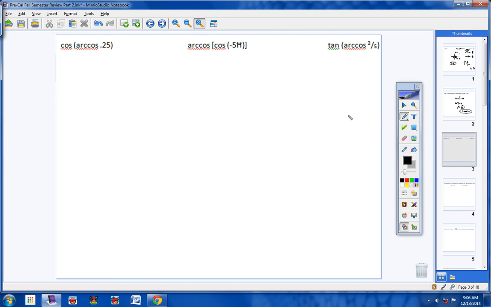Okay, let's go ahead and take a look at this one here. Now here we're going to start on the inside and find the cosine of negative 5 pi. Now, negative 5 pi would be this, students. We're going to rotate around once, that's 2 pi, 4 pi, and then here's 5 pi.